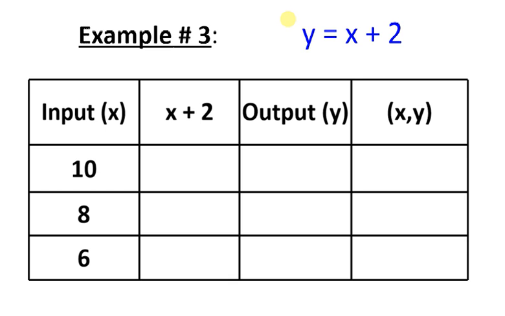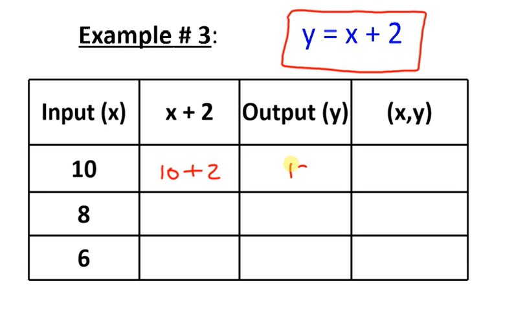Here's our next function, y equals x plus 2. You'll see here we have new x values. Instead of x, we're going to put 10 plus 2. 10 plus 2 is 12. So my ordered pair is x first, which is 10, comma, my y, my output, which is 12. Next, our x value is 8 plus 2. 8 plus 2 is 10.